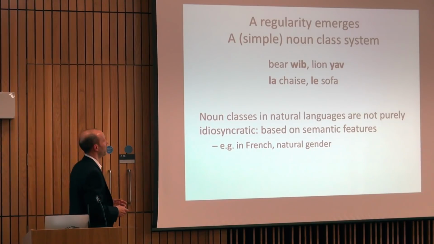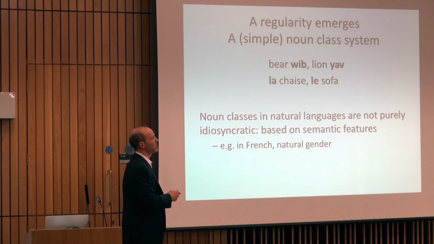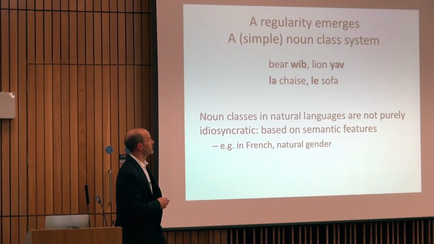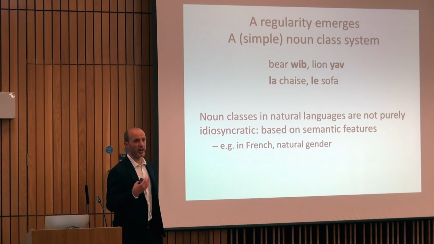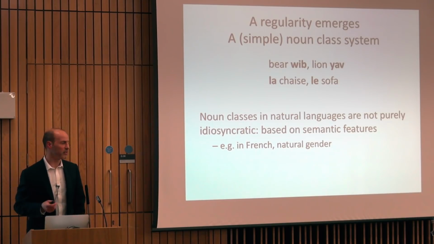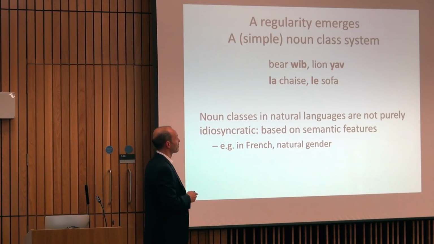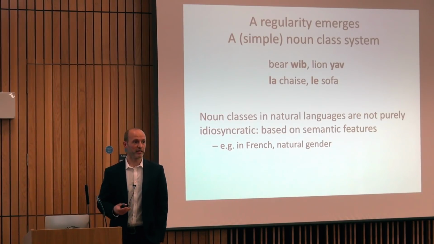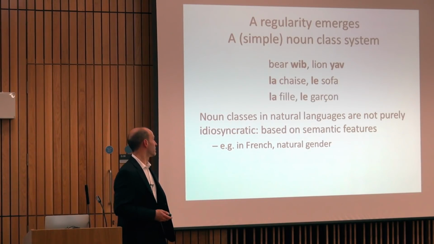Okay, but the noun classes in our miniature languages are completely idiosyncratic. It's just an accident that bear ended up being pluralized with WIB and lion ended up being pluralized with YAV. In contrast, in natural languages, although there are some idiosyncratic, arbitrary subcategories, or some members of those categories seem relatively arbitrary, in general, noun class systems in natural languages are quite well organized. So, for instance, in French, you can make a prediction about a noun's grammatical gender if you know something about the meaning of that word.